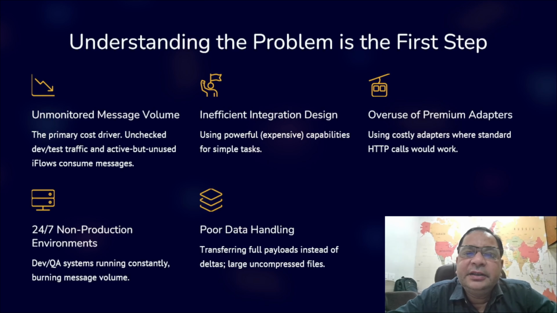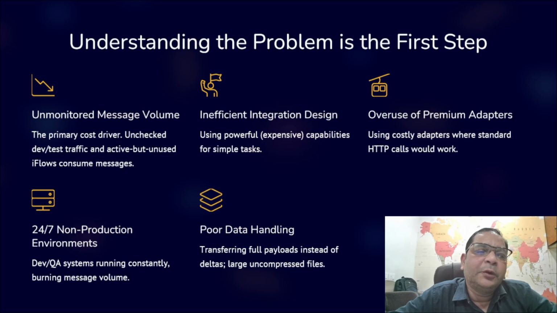Understanding the problem is the first stage in order to optimize your SAP BTP costs. It has been seen that most companies pay more than 30% above their actual usage in SAP BTP. And what are the root causes of that?